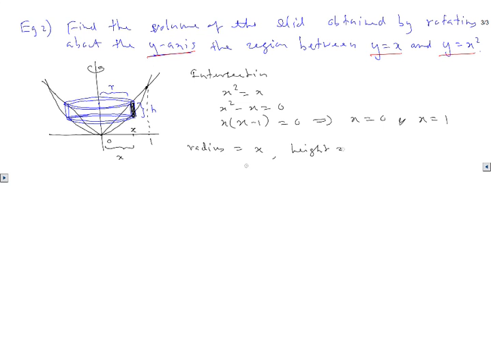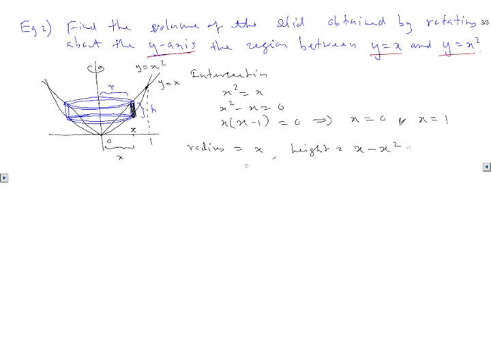What about the height? Height is the difference in the two y coordinates. We have y equals x and y equals x squared, the top minus the bottom. The top one is x, the bottom one is x squared, so that's going to give you the height.